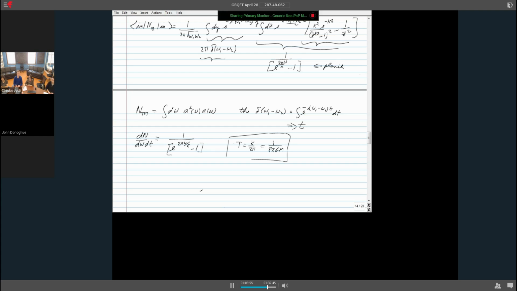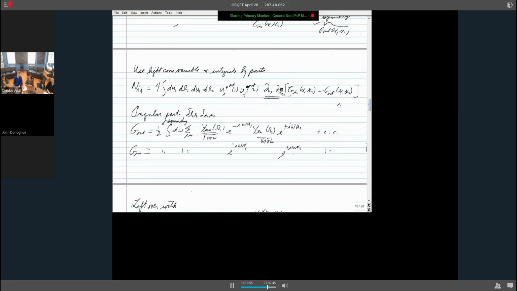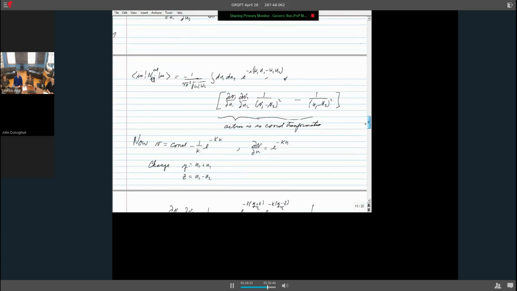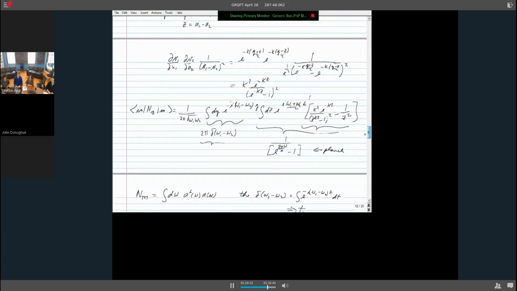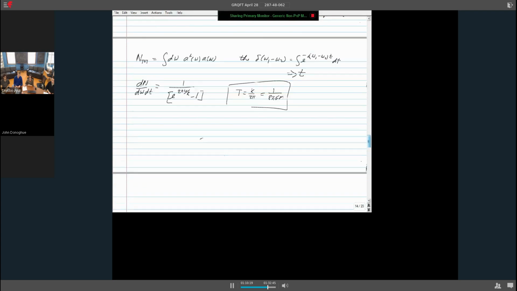So given the time, this energy conserving delta function isn't surprising. When we do N total, it is the integral d omega a dagger of omega a of omega.